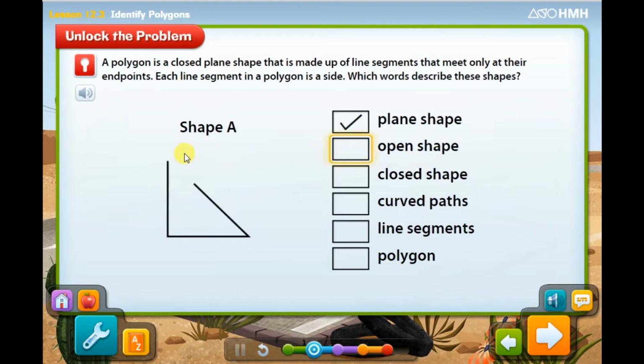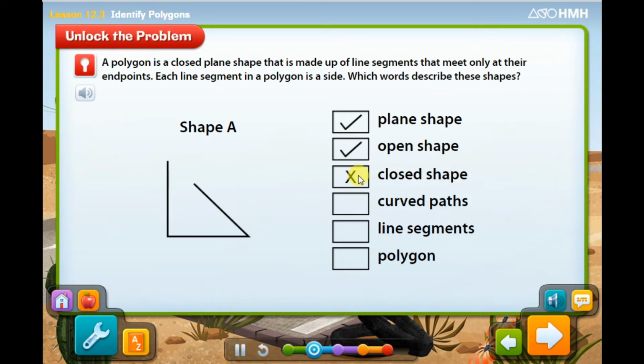Yes, it's open because its starting point is not the same as its ending point. Shape A is an open shape because it doesn't start and end at the same point. Is shape A a closed shape? Of course not, because it's open already. Shape A is open, so it's not a closed shape.